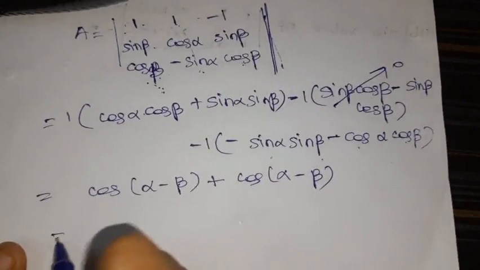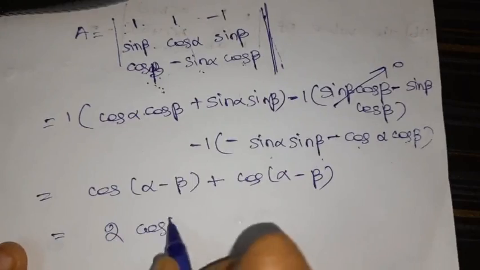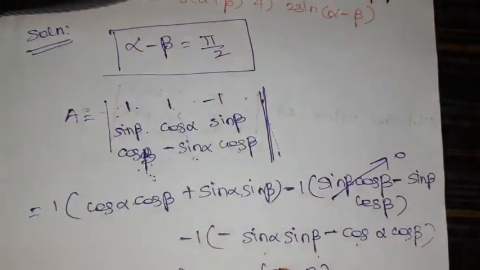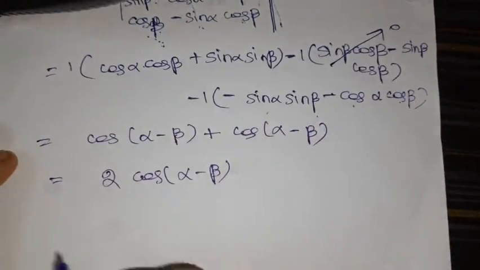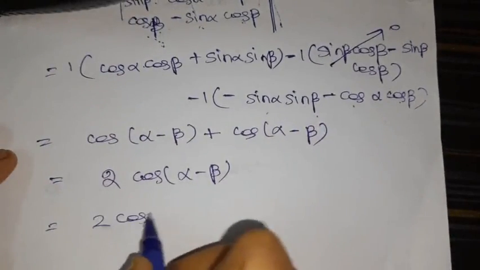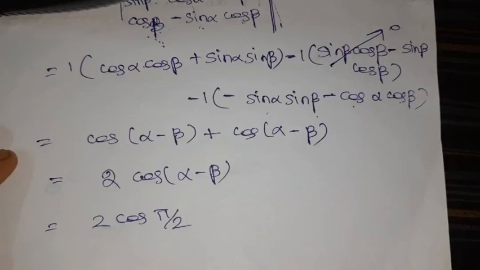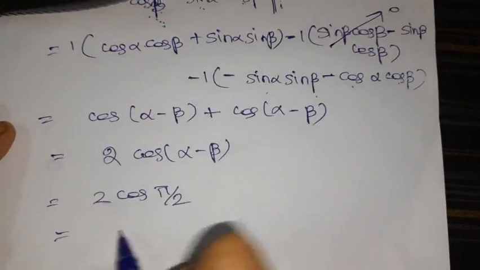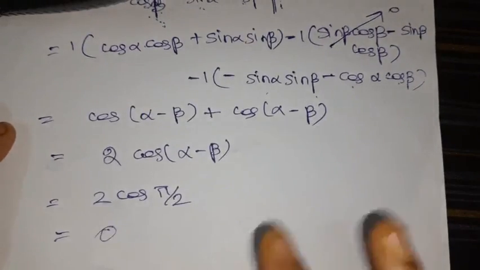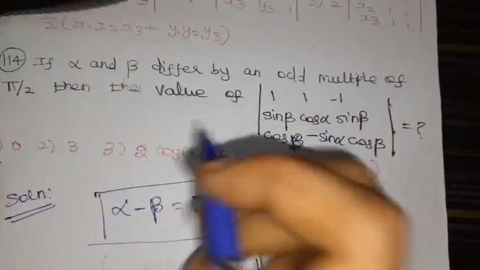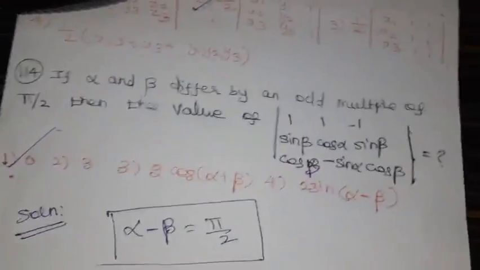So what we get is 2 into cos of alpha minus beta. We know alpha minus beta value is pi by 2. So 2 into cos pi by 2. What is the value of cos pi by 2? Cos 90 degrees is 0. So the value is 0. So the determinant value is 0 for this problem.